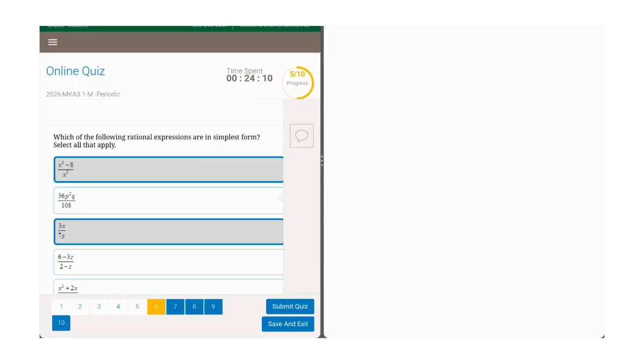Next rational expression is 6 minus 3z over 2 minus z. First, we have to factor the numerator to double check if we can simplify. Here the top 6 and 3z both have a common factor of 3.